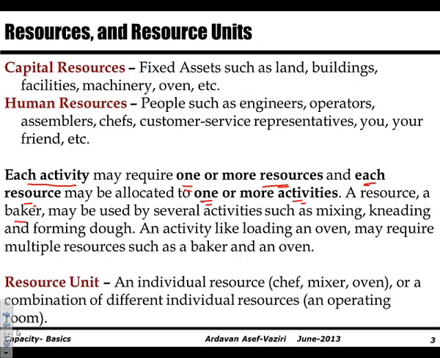So as far as concepts are concerned, we said resources are divided into capital resources and human resources. A resource may be allocated to a single activity or several activities. One activity may require one single resource or several types of resources. A resource unit may be a single resource, like a baker, or it may be a combination of resources which all together perform like an integrated resource unit. An example is an operating room.